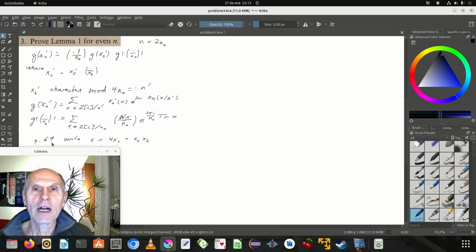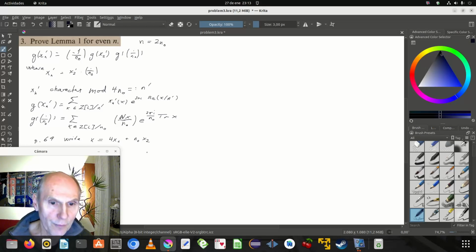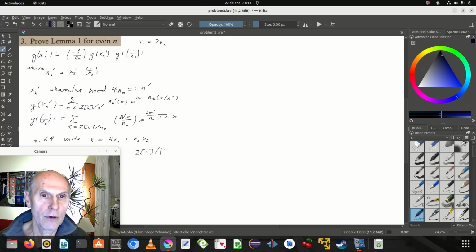Well, on page 9 we get the solution that we shall apply the isomorphism, that's the Gaussian integers modulo 4 n naught is equivalent, and we've been through this before.